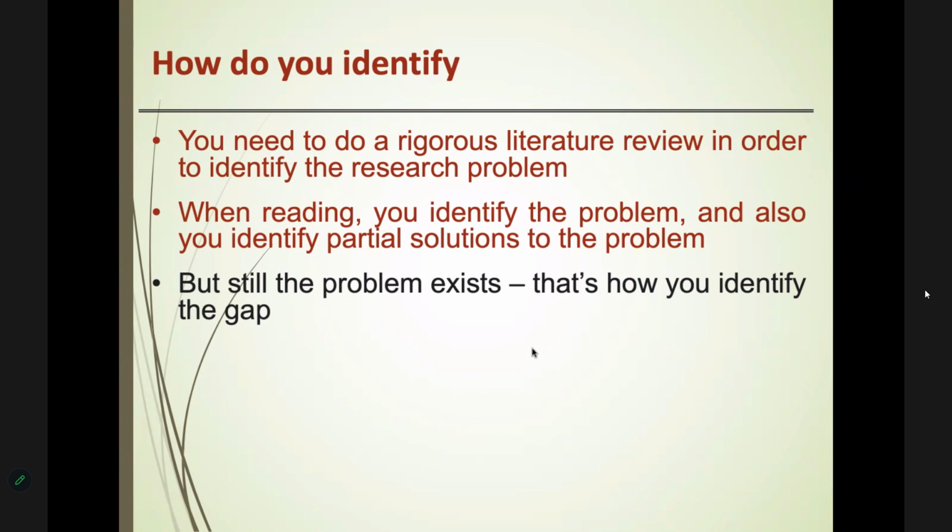Okay. So one thing you need to make sure of is that the problem still exists. The second thing you need to make sure of is that the approach or solution you are providing has not already been provided by someone else. As long as these two things are clear, you have a very clear gap for your research.